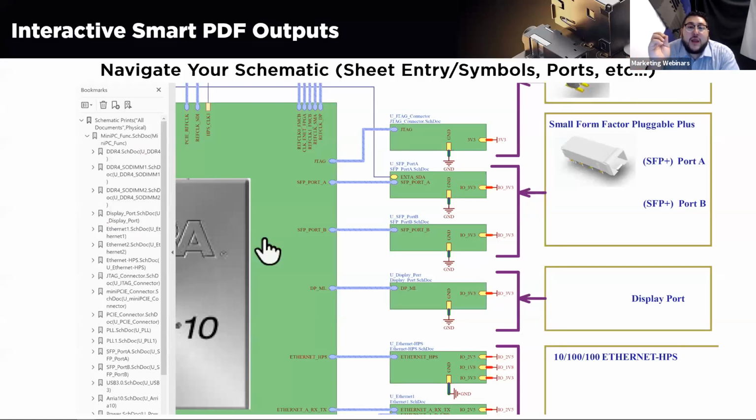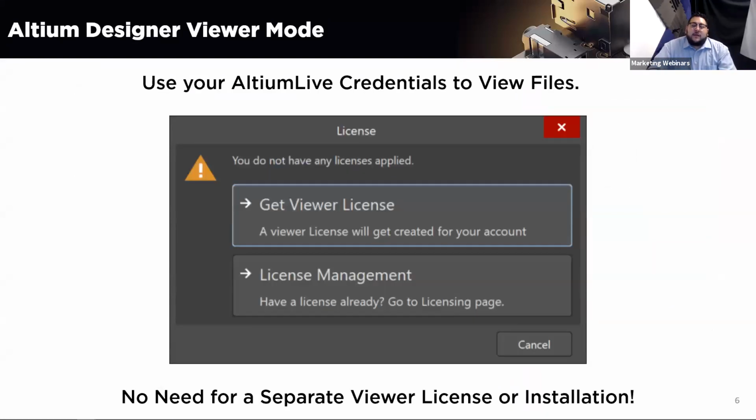Now when you create a smart PDF, you're actually able to click through the sheet entries, the symbols, and the ports to navigate through the design. You can see here in this simple picture, we're going to navigate through one later, but you can click through and navigate from one sheet entry into the necessary schematic. This is a really great improvement that I'm pretty excited about.